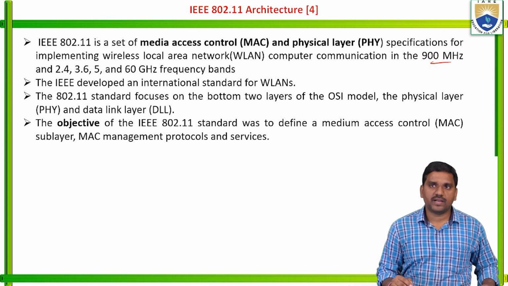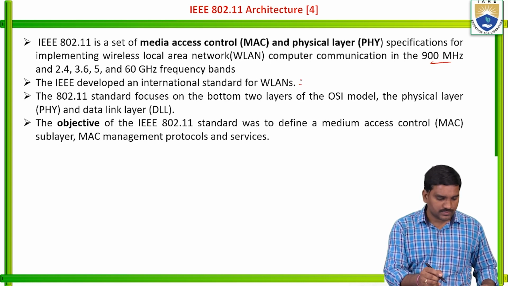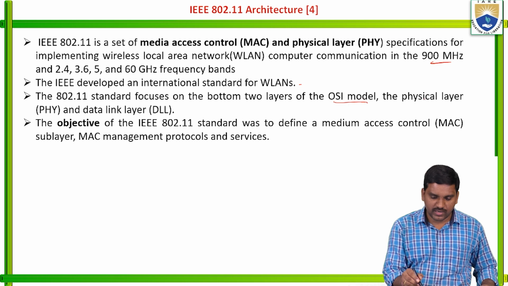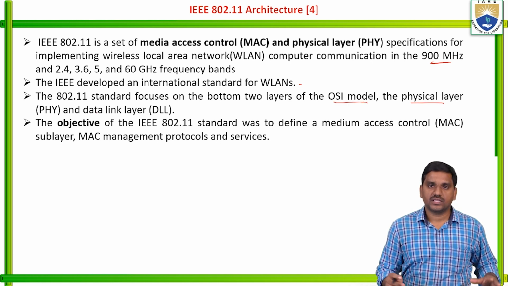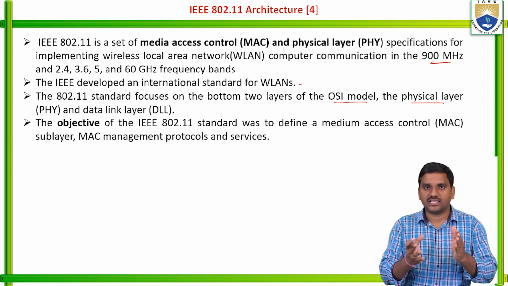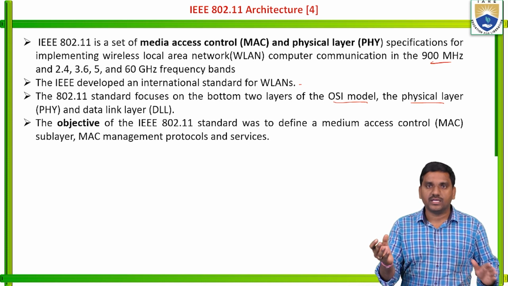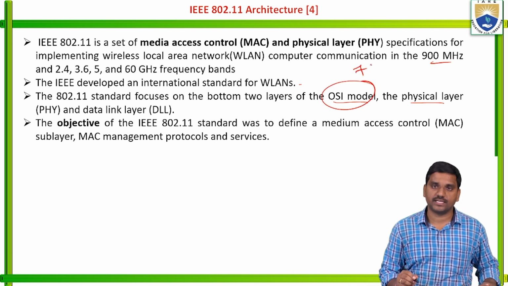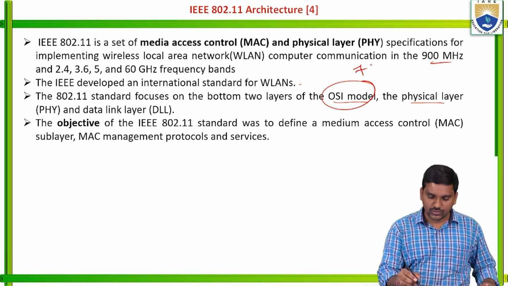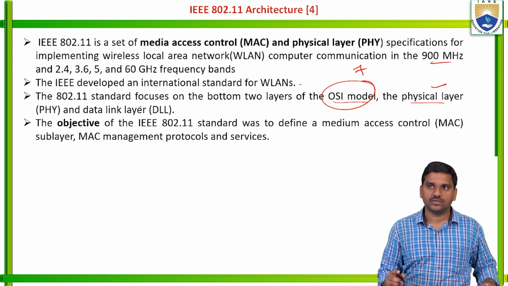The IEEE developed international standards for WLANs. The standard focuses on two layers of the OSI reference model, that is the physical layer and data link layer. The OSI reference model generally has 7 layers, but for Wi-Fi, we use the physical layer and data link layer.